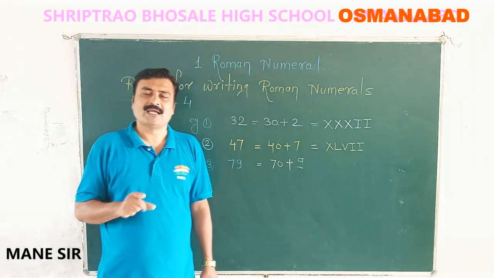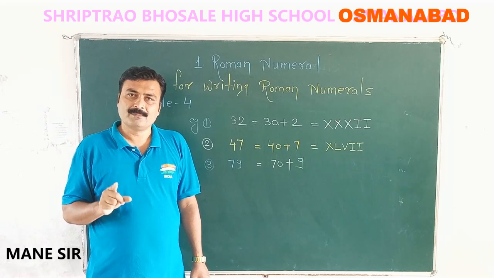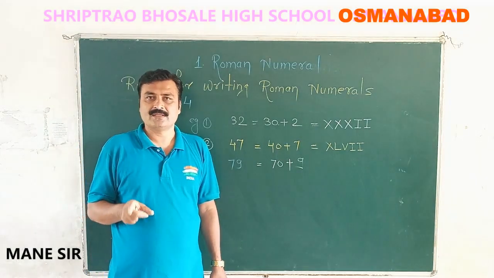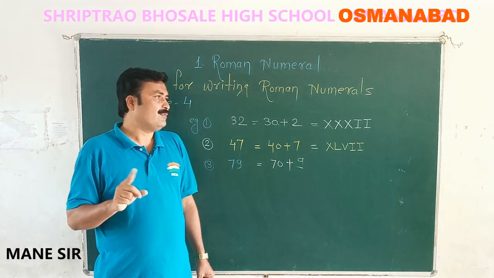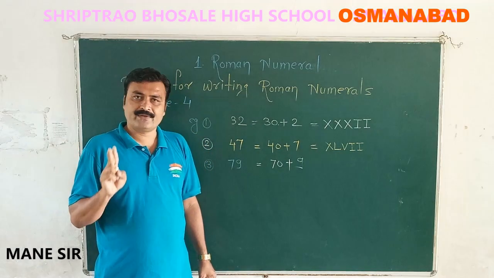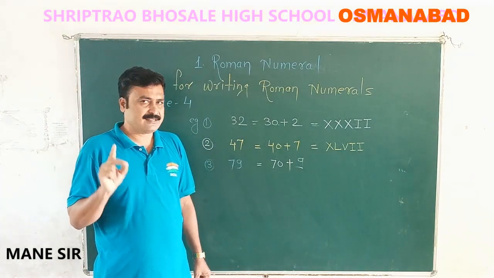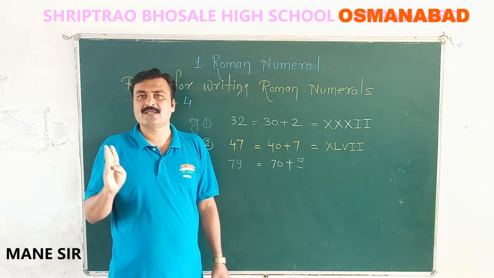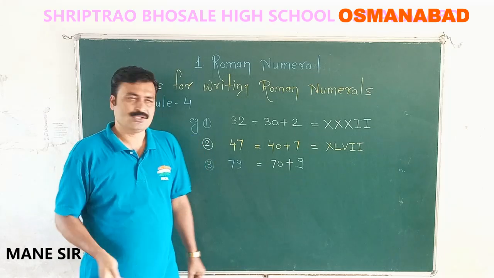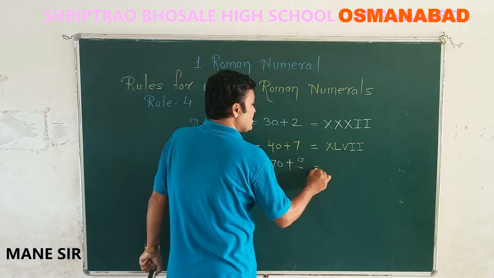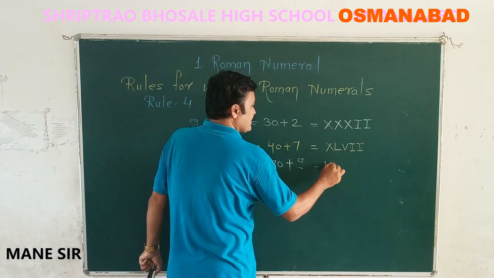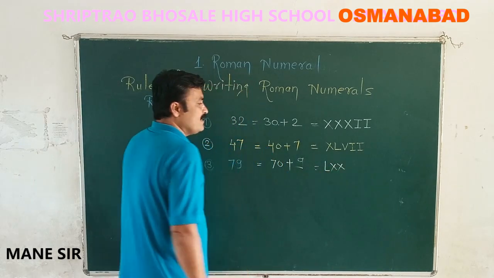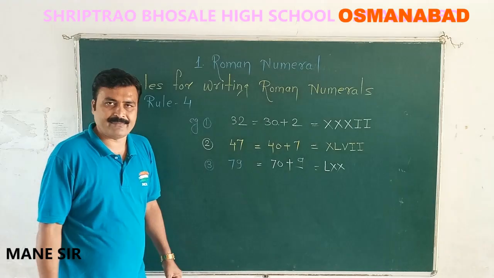So for writing 70, we use the Roman sign basic 50, that is L, and then we take two groups of 10s, 10 plus 10, that means 70. If we think here 50 plus 10 plus 10, that makes 70. So for 50 we have L, for next 10 X, for next 10 X, LXX we make 70.